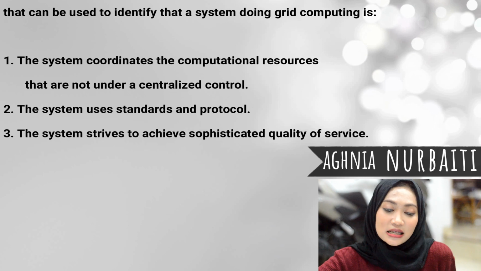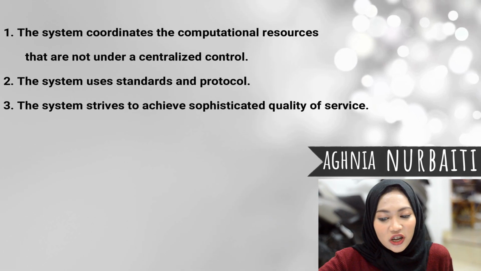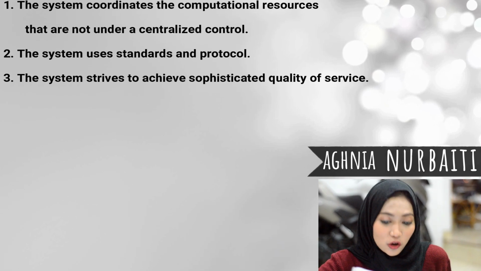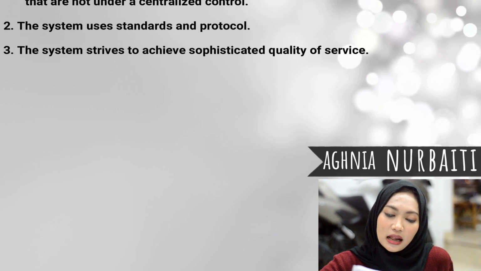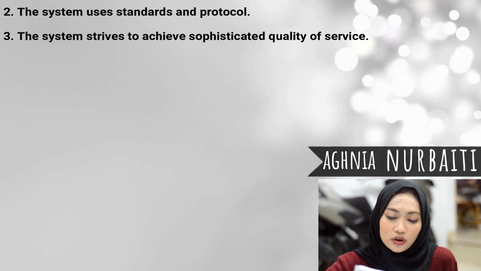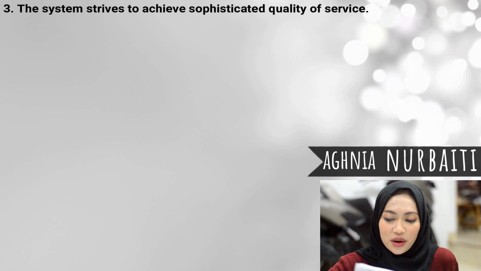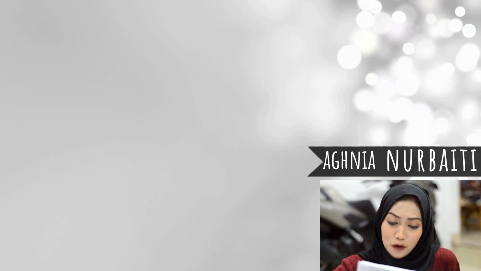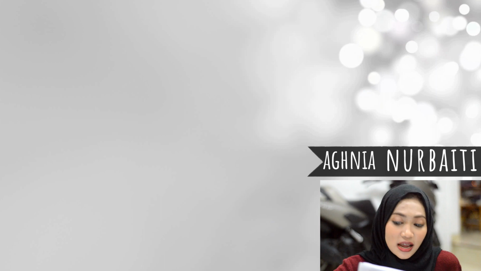The second is the system uses standards and protocols that are open or not linked to a particular implementation or product. Grid computing is composed of agreements on fundamental issues required to realize large-scale computing together. Agreements and standards required are in the areas of authentication, authorization, resources, and access to resources.